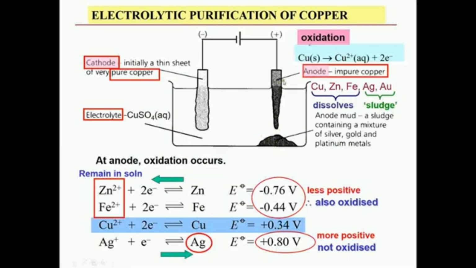So the process essentially is copper from the anode oxidized, going into the solution as Cu2+ ions, and then at the cathode, reduction occurs, the Cu2+ ion is reduced to copper, and it gets deposited onto the cathode. Hence the size of this cathode will get larger and larger as copper is being deposited continuously.